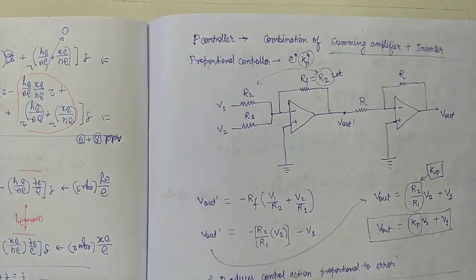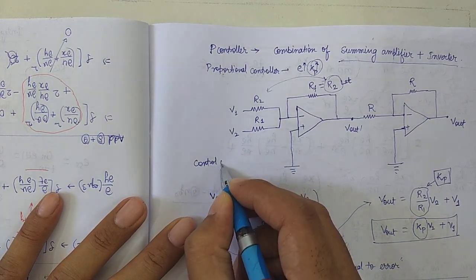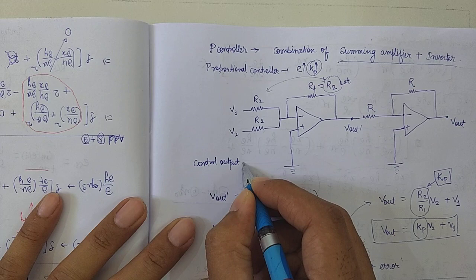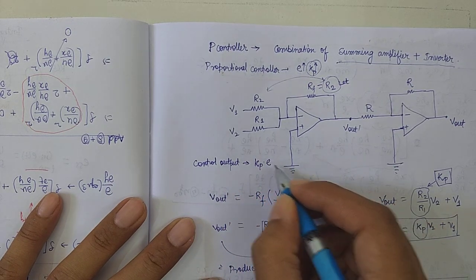And here the control output is Kp times E(t).